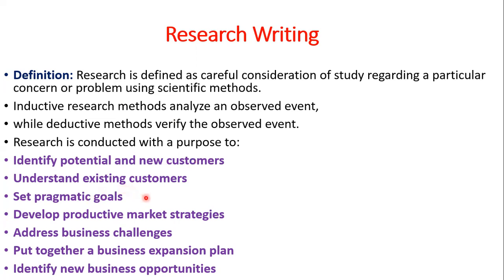Understand existing customers, we can say, understand the nature of existing customers. For example, when you go to some restaurant and after you have had your meal, they hand you a booklet in which different fields are given that tell the quality of food, service, good, very good, are you satisfied, not satisfied, what do you suggest, what you like the most, what you dislike the most.